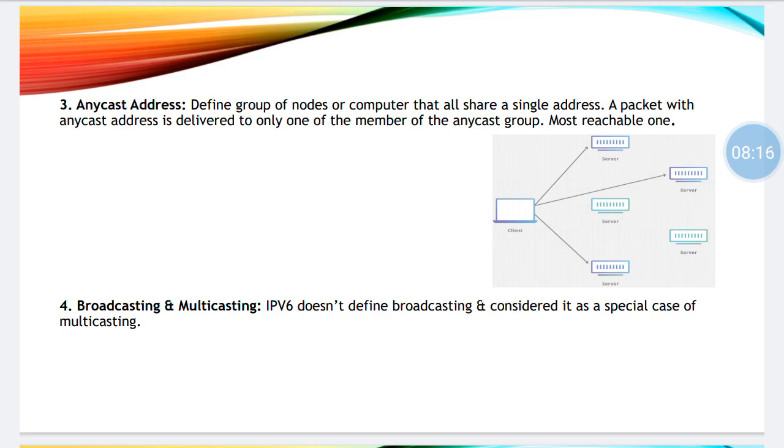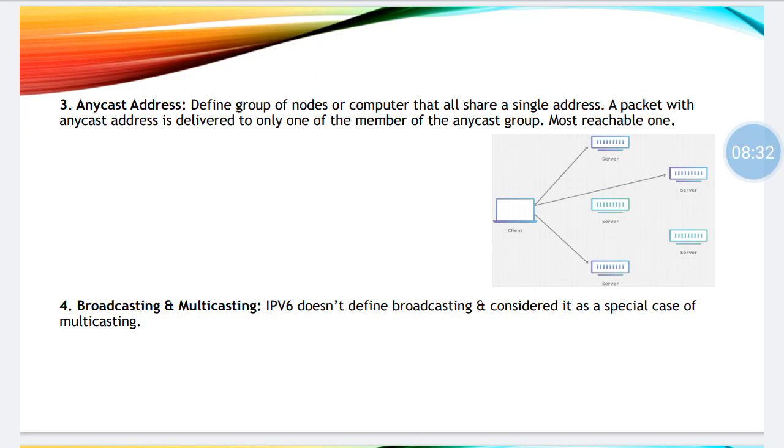Finally, coming to broadcasting and multicasting, there are no broadcast addresses at all in IPv6. Even directed broadcasts are not there, which were favorites of IPv4 hackers.